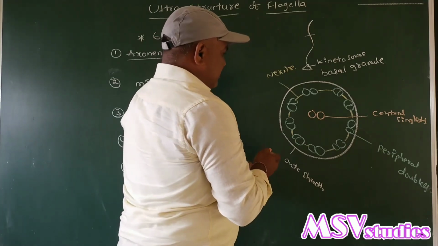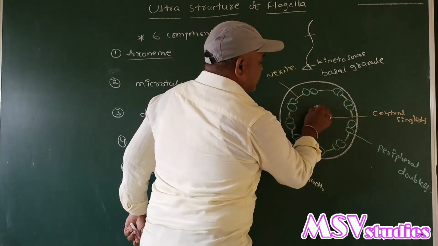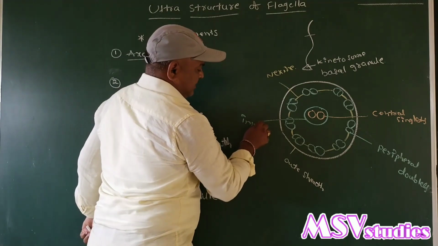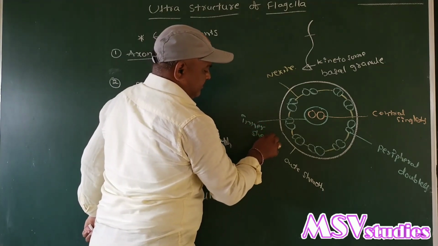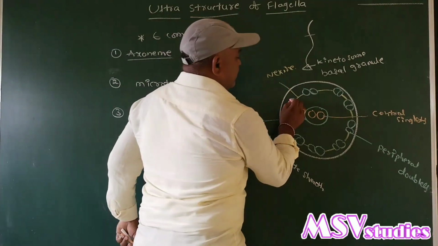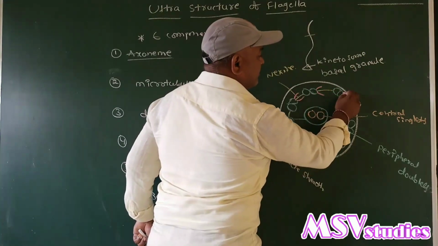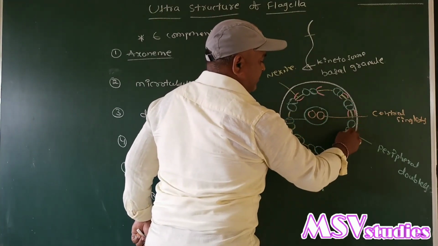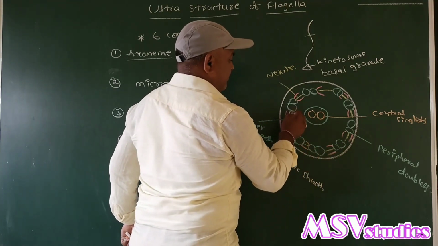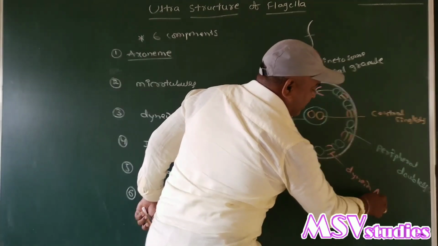The central singlets are covered with inner sheath. These peripheral doublets have one pair of dynein arms. So these are dynein arms.